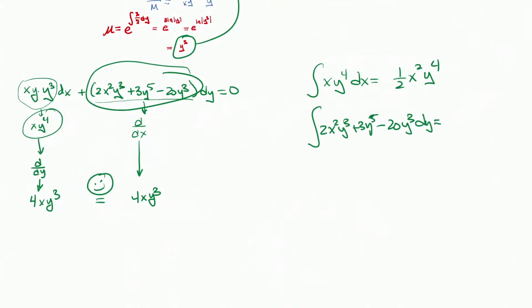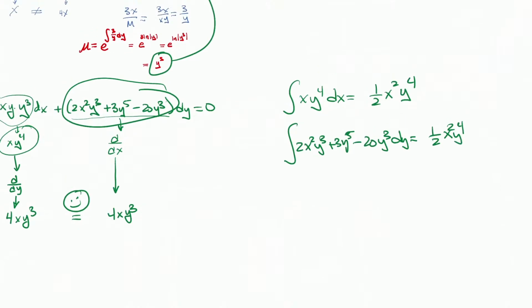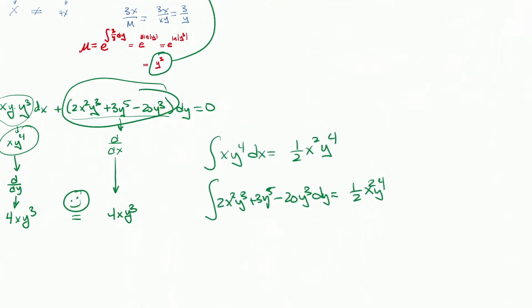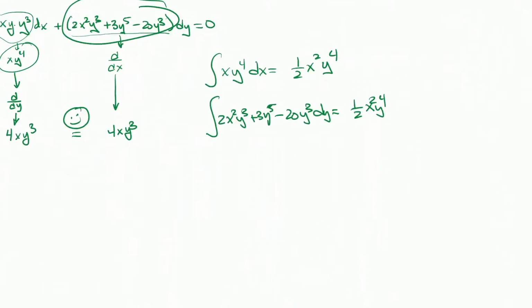And that is going to be 1/2 x squared y to the 4th. Ooh, I didn't leave myself room. Just a minute. Just slide this over just a bit. It's better. Okay, so that's the first term, then 3y to the 5th will be 1/2 y to the 6th, because you're going to divide by 6.